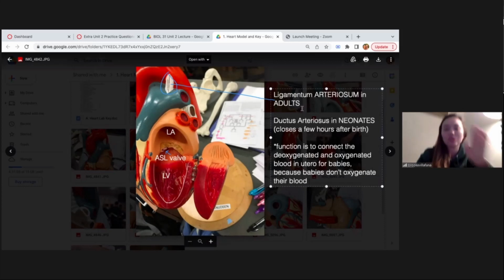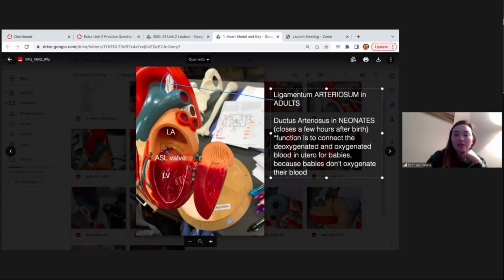So what this is trying to say is you have your deoxygenated blood and oxygenated blood when you're an adult, right? Like we keep talking about, the left side of the heart is oxygenated, the right side of the heart is not oxygenated. When you're a baby, you don't oxygenate your own blood, so you actually keep those two connected through this duct or this like open port. And this is called the ductus arteriosus, okay? So it's keeping those two connected.